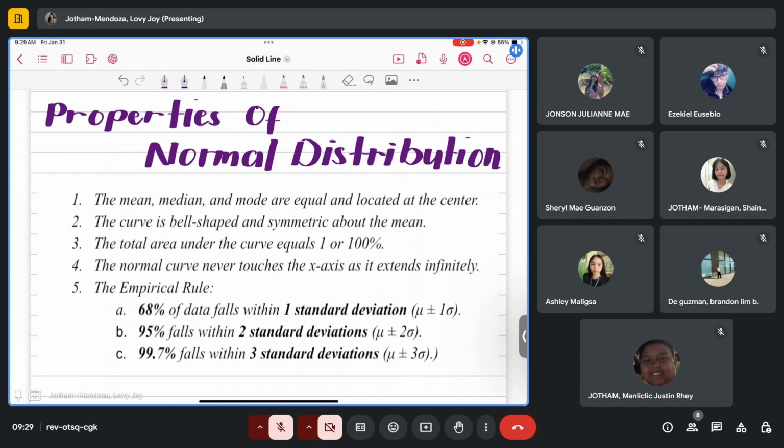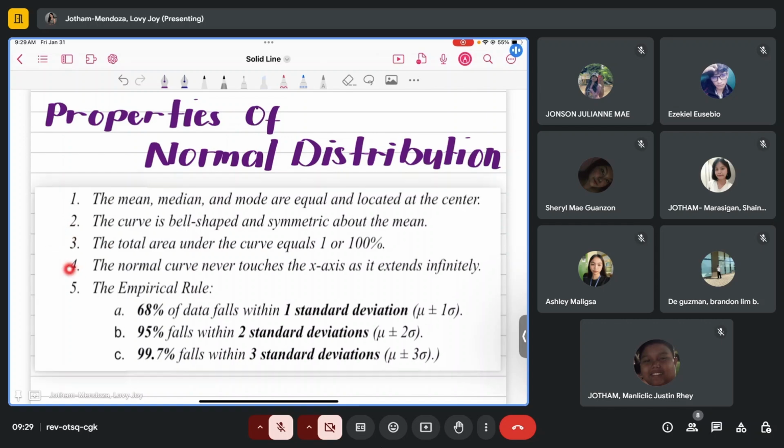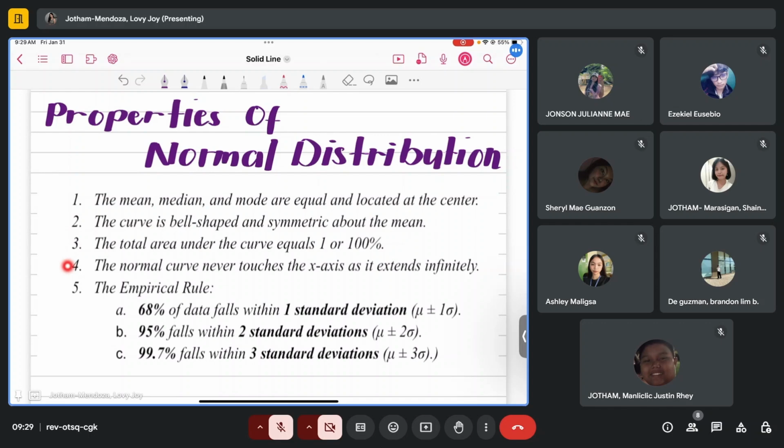The second property is that it's symmetrical, or in the simplest terms, both sides look the same. The third, the total area under the curve is equal to 1 or 100%. The curve can meet the x-axis, but it is never meant to touch.